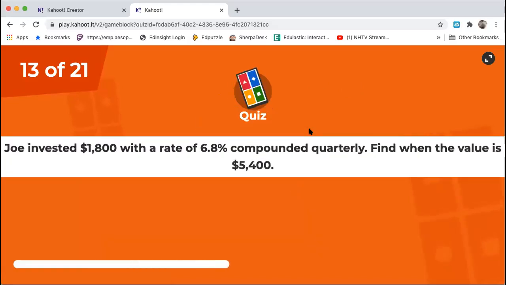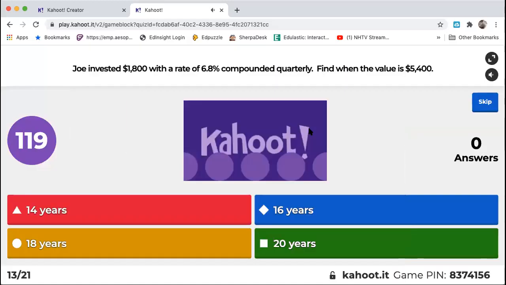Another word problem here. So our buddy Joe is investing money. He invested $1,800 with a rate of 6.8% compounded quarterly.